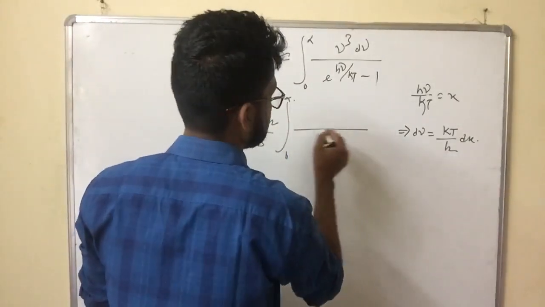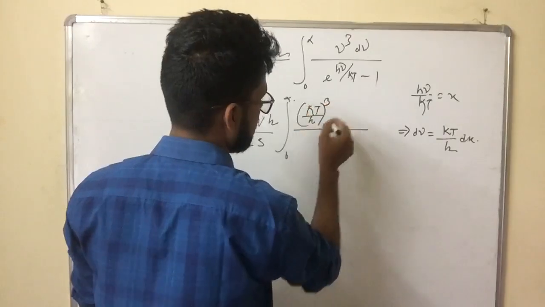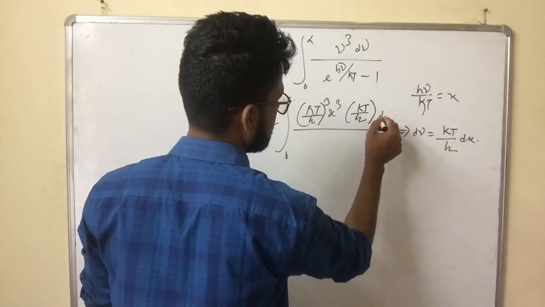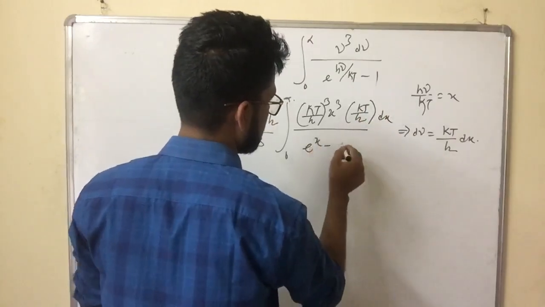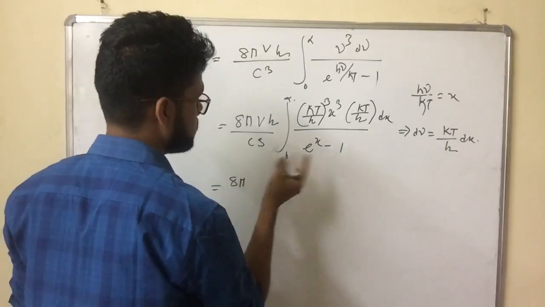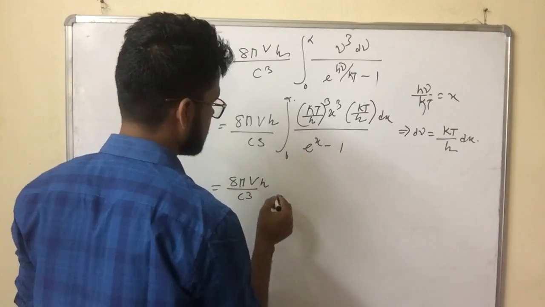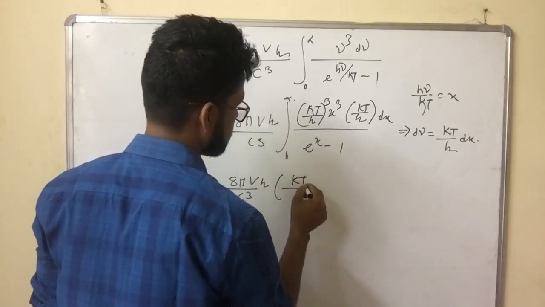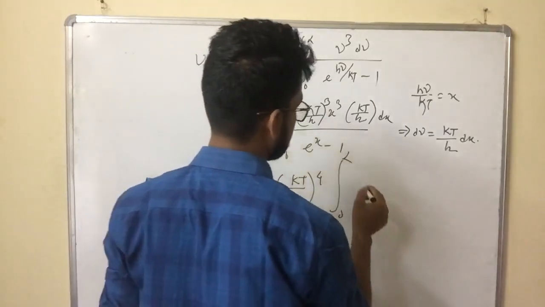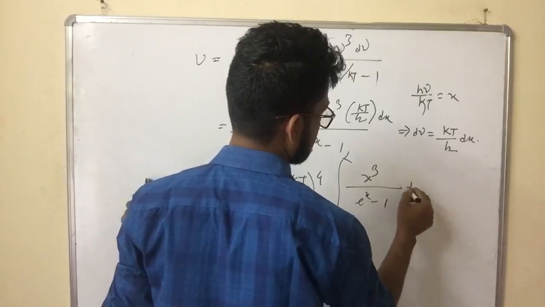So it will be how much? (kT) cubed, x cube, kT by h into dx, over e to the power x minus 1. So it will be 8 pi V over c cubed h, kT over h to the power 4, integral 0 to infinity x cube over e to the power x minus 1 dx.